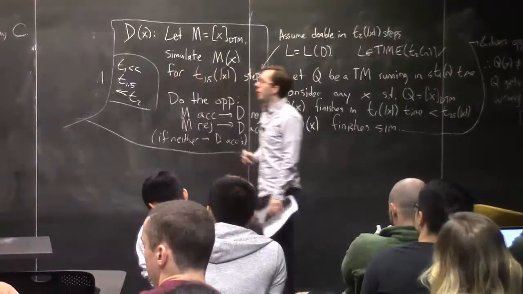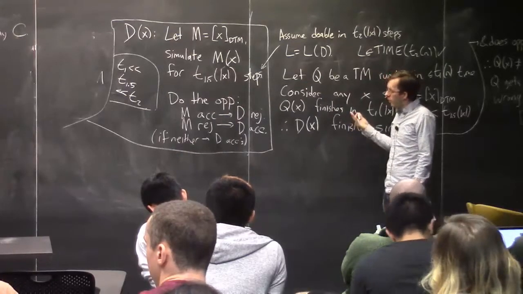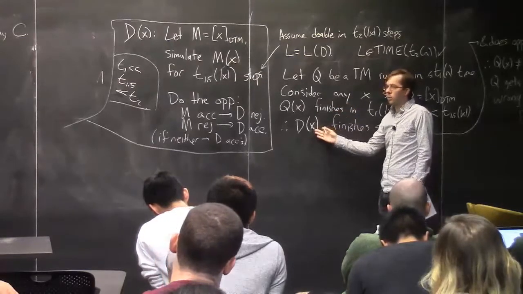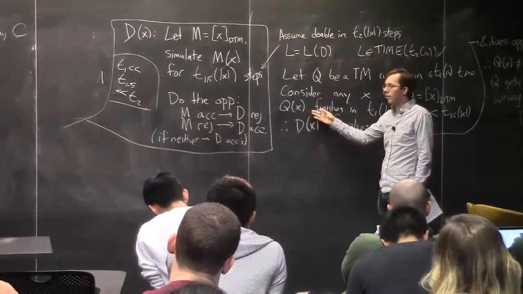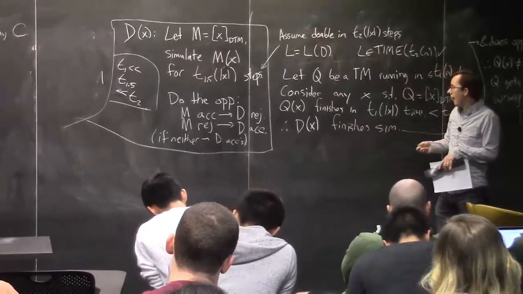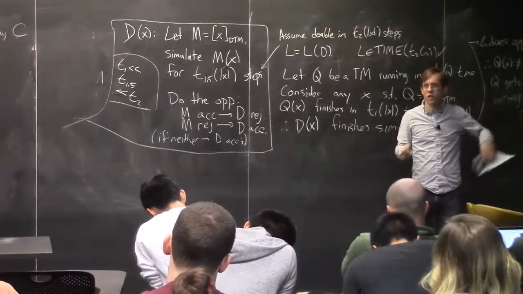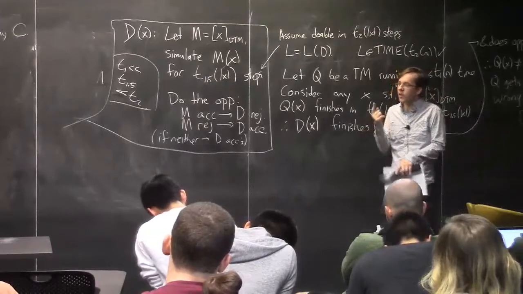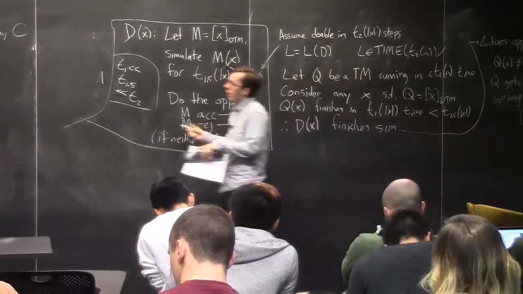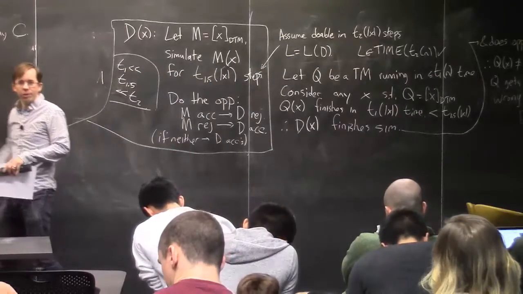It's a bit of a technical point, but what it really boils down to, if you want to review the Sipser proof, is that you need to make sure that your diagonalizing Turing machine is differing from Q on infinitely many x's, so that you can be sure that Q is failing on arbitrarily long strings, not just one single string, because if it's just one single string, that might be a string that's so short that you're not in the regime yet where 1 times n squared is bigger than c times n, for example.